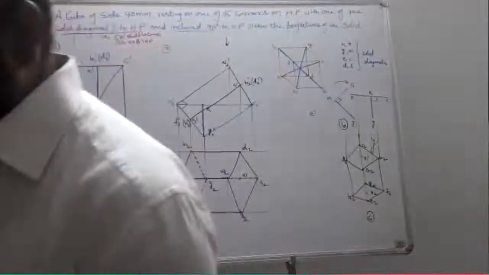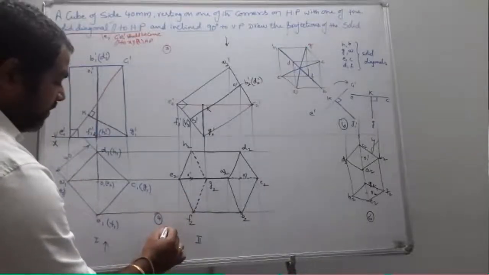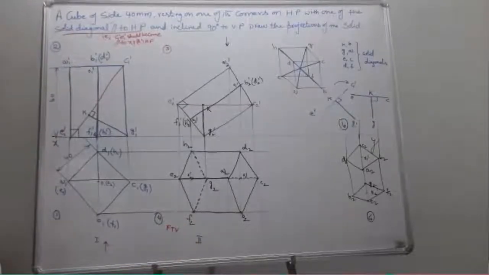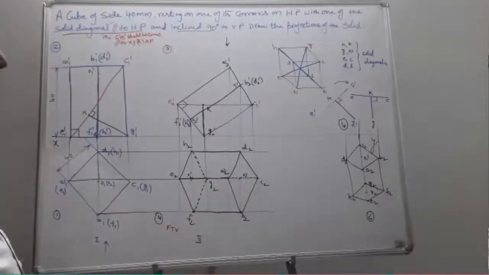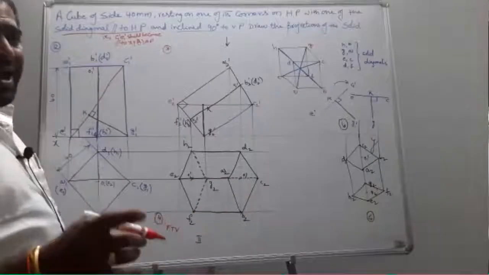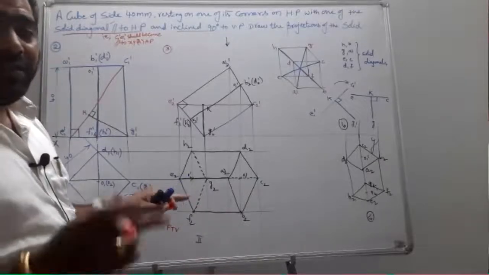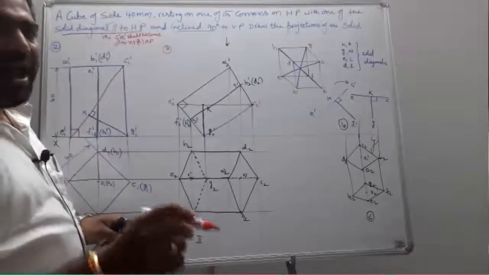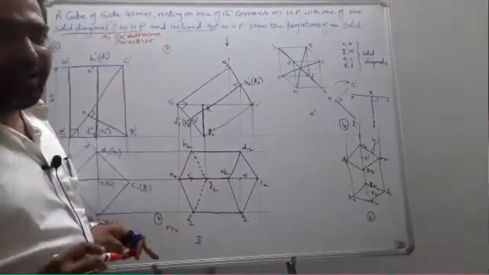Let us see. So this fourth step becomes my final top view. So I require my final front view. The final front view is going to be obtained beside the fourth one. In general, when we do problems in the auxiliary method, if it is edge resting or corner resting, if an edge is to be extended, go for the given inclination, or if a diagonal is to be extended, go for the given inclination.